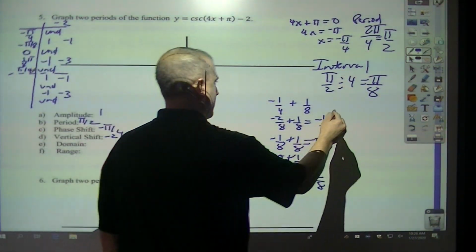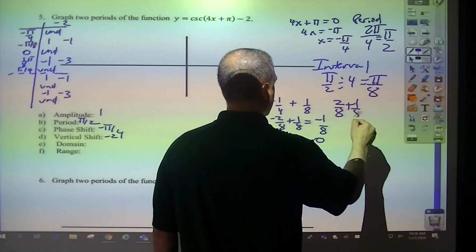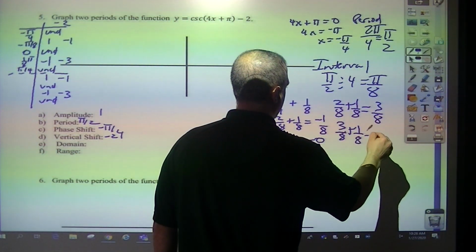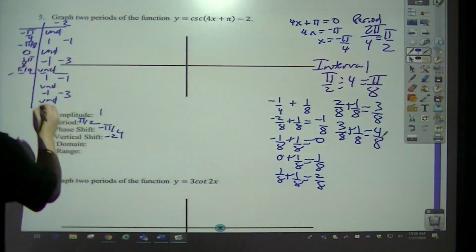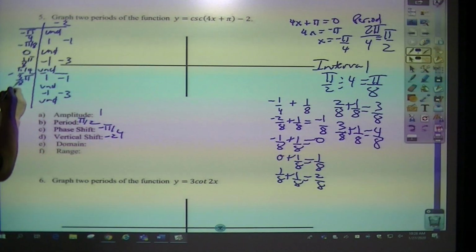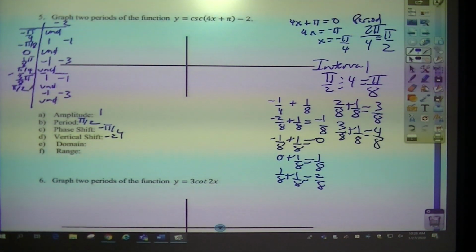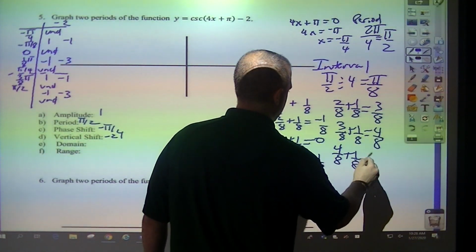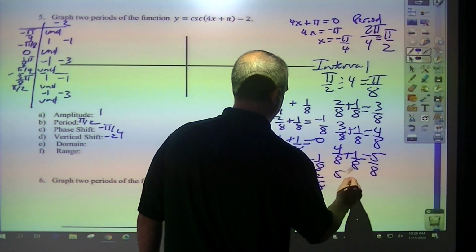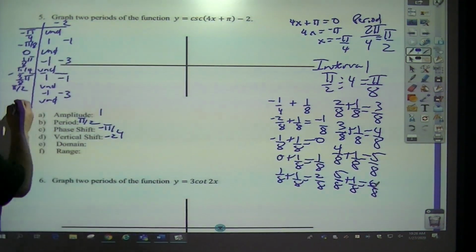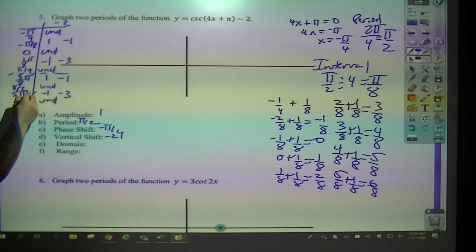Then 2/8 plus 1/8 is 3/8. 3/8 plus 1/8 is 4/8 or a half. So this would be 3/8 pi, this would be pi over 2. 4/8 plus 1/8 is 5/8, and 5/8 plus 1/8 is 6/8. So 5 pi over 8, and that would be 3 pi over 4.